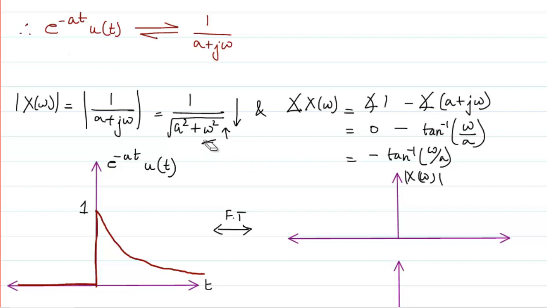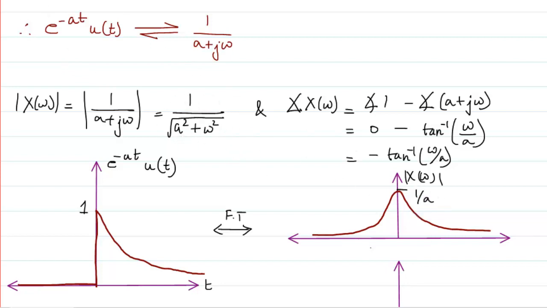So you will find that the magnitude looks like this, with its maximum height at 1 by a. How did I get 1 by a? As I already told, if you substitute omega equal to 0 here, you will get the value of the X of omega magnitude as 1 by a.